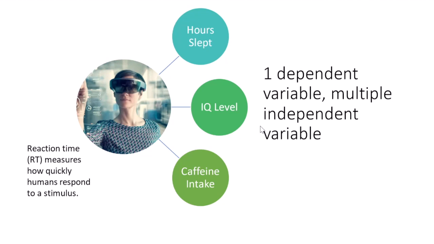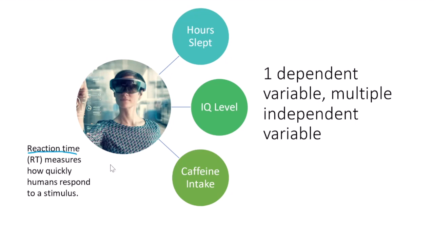Imagine an example where the dependent variable is the reaction time, so reaction time of students in a cognitive experiment or task. Reaction time measures how quickly an organism, for example humans, responds to a stimulus.